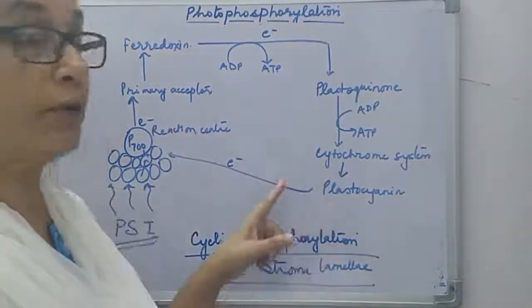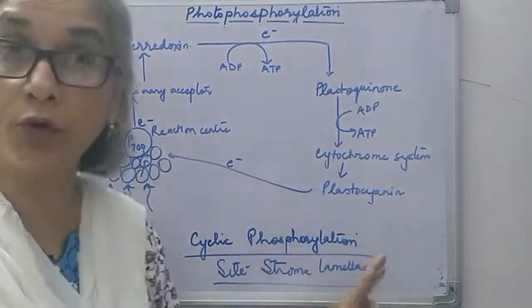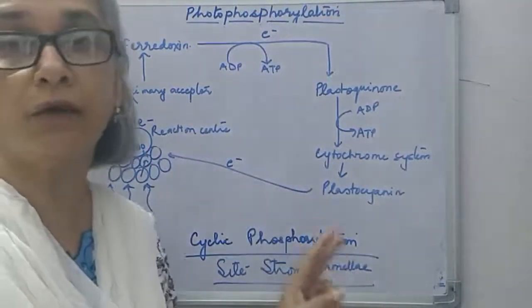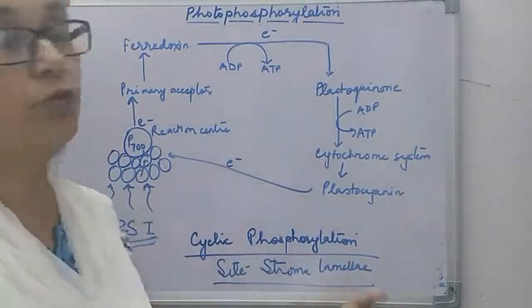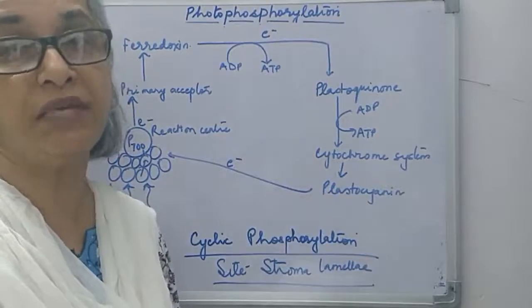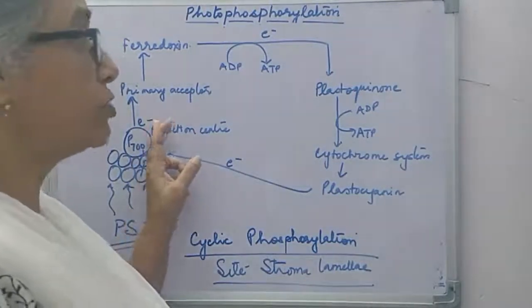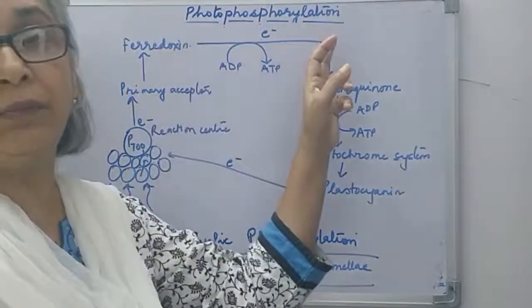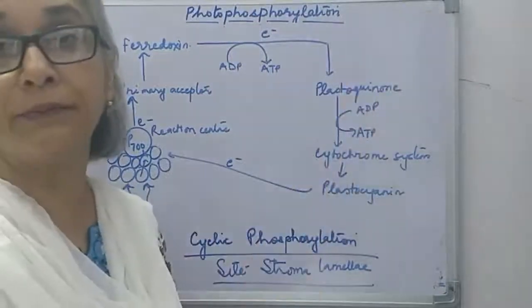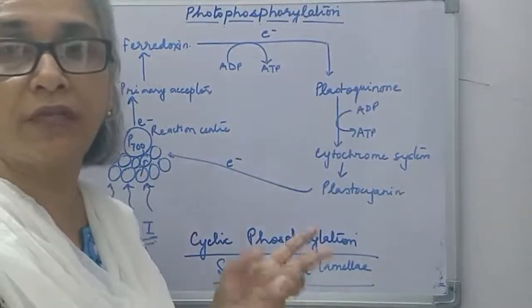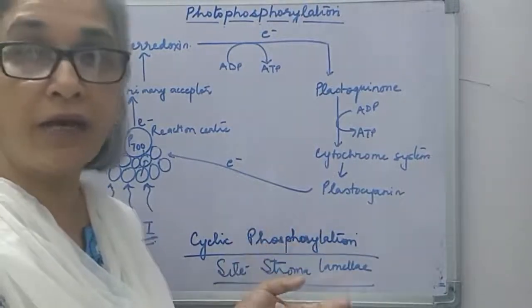NADPH is not formed, in contrast to non-cyclic photophosphorylation, where both photosystem 1 and photosystem 2 reaction center P680 were involved. So P700 was emitting an electron which was then helping in the formation of NADPH. NADPH was a raw material being utilized in the dark reaction.